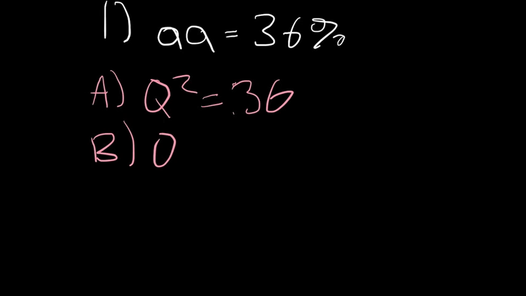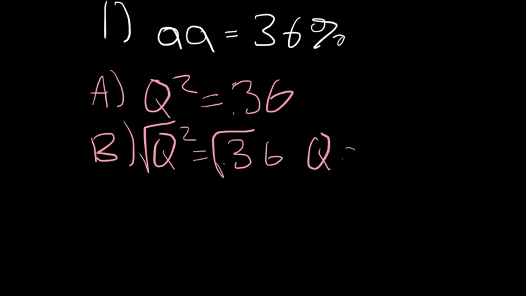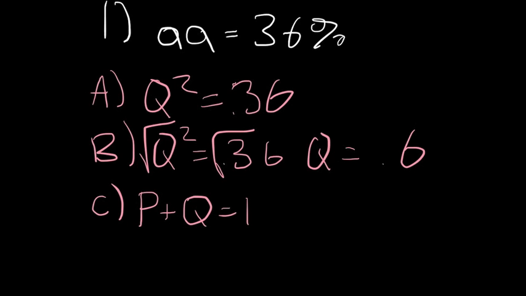Since q squared equals 0.36, taking the square root gives us q, which is equal to 0.6. For part C, we're going to find the frequency of the capital A allele, which is equal to p. Using the equation p plus q equals 1, plugging in q as 0.6, we get p plus 0.6 equals 1, so p equals 0.4.